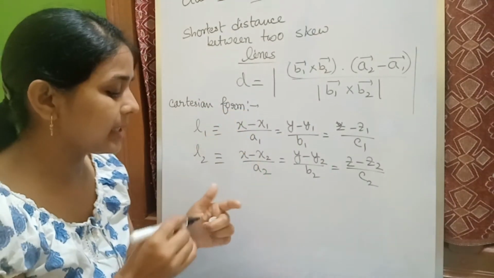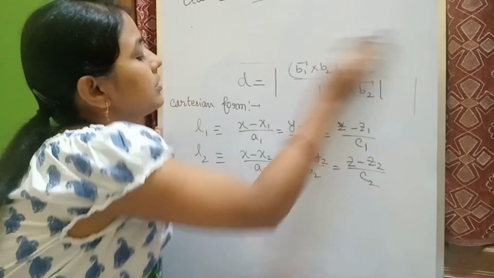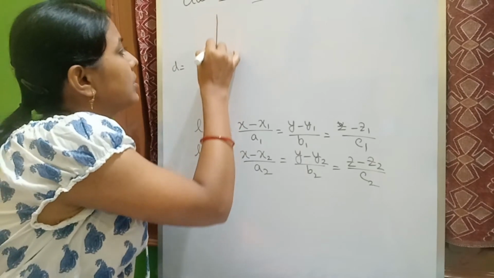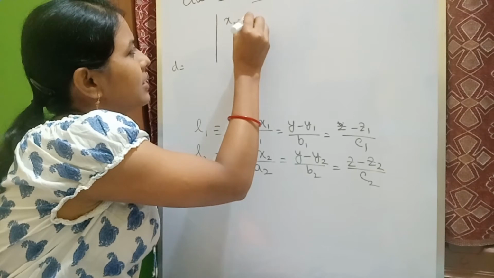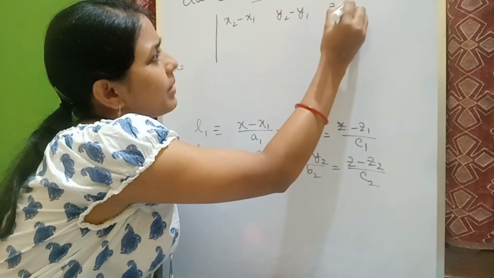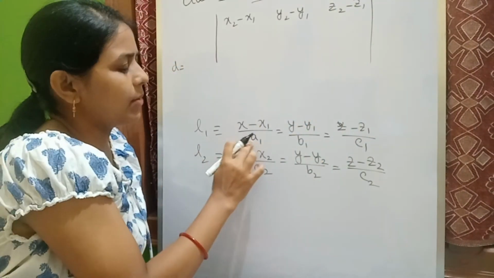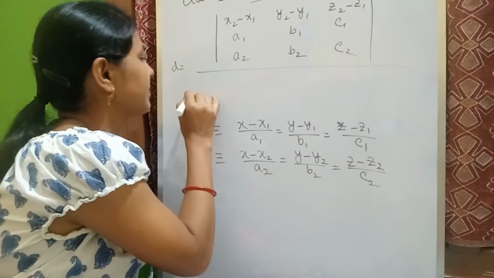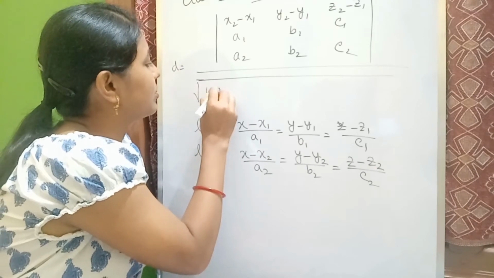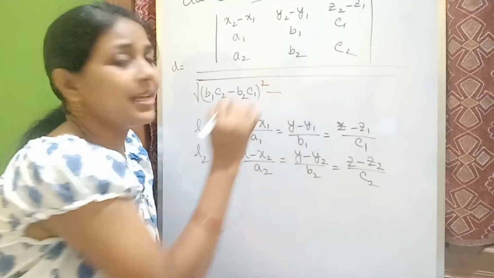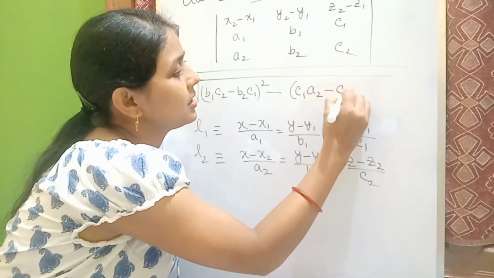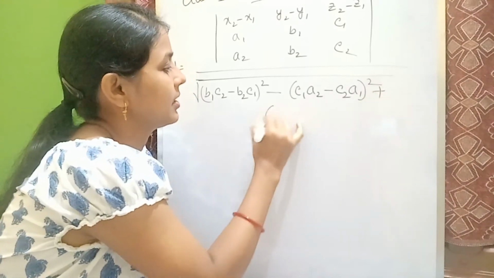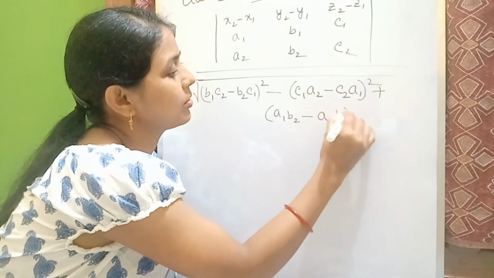If two lines are like this in Cartesian form, then we will write the shortest distance formula like this: D equals the determinant of x2 minus x1, y2 minus y1, z2 minus z1, a1 b1 c1, a2 b2 c2, divided by root over of b1 c2 minus b2 c1 whole square, minus c1 a2 minus c2 a1 whole square, plus a1 b2 minus a2 b1 whole square.